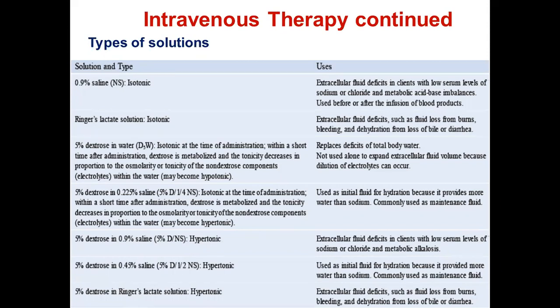Now here, for example, 5% dextrose in 0.9% saline is called hypertonic. Hypertonic means the tonicity is greater than the intracellular fluid, and this causes water to move out of the cell, causing the cell to shrink.